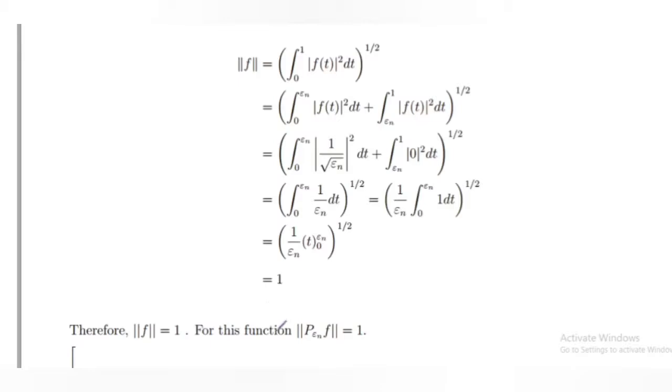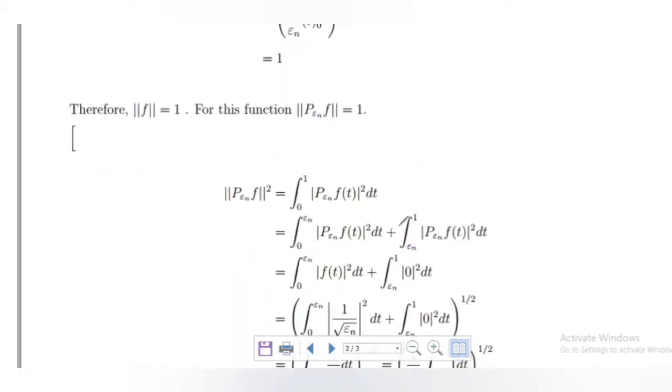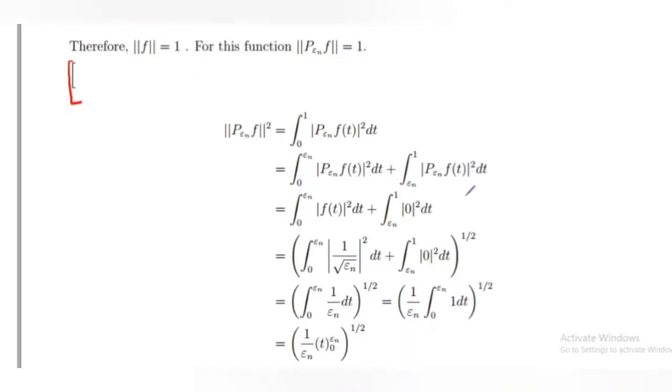So for this function, norm of P epsilon n f is equal to 1. How? This square is equal to this one, and this is same as this one. There is no need to write all these things, so I mark this in square brackets, just for clarification.